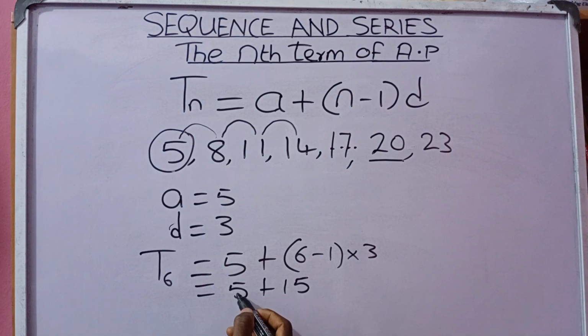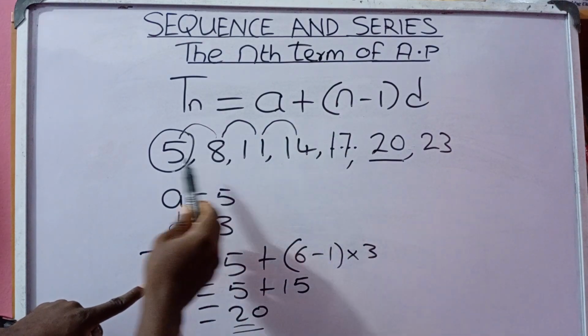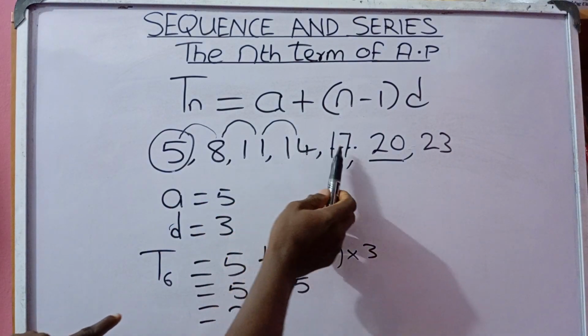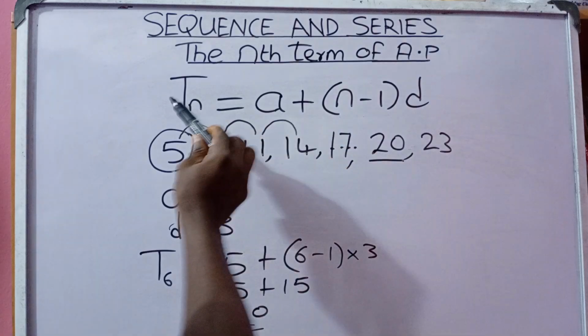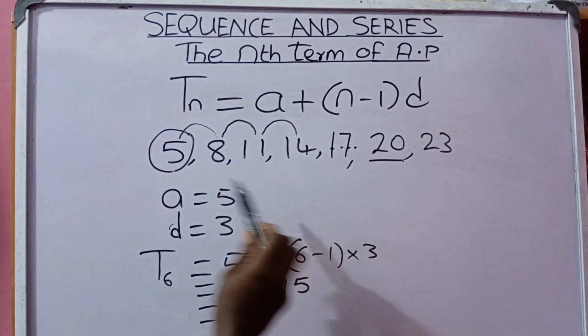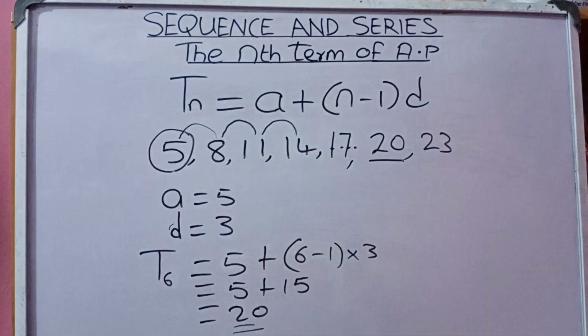And when we say 5 plus 15, that will give us 20. And that represents the sixth term of the sequence: 1, 2, 3, 4, 5, 6. So this is the formula we use in finding a particular term of an AP.